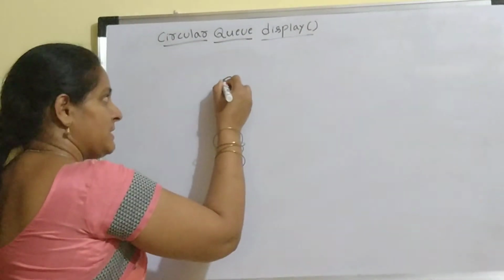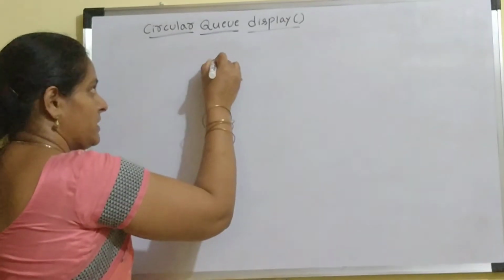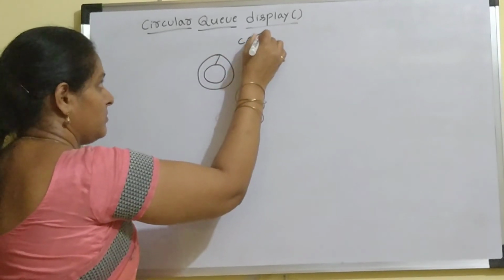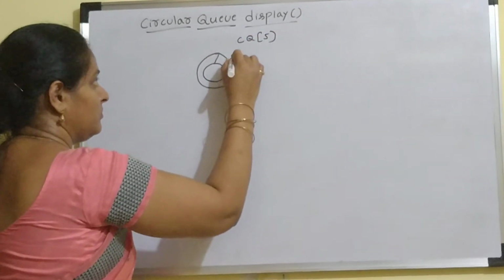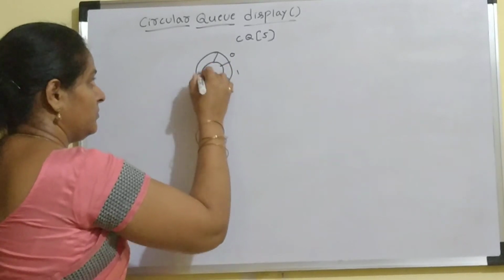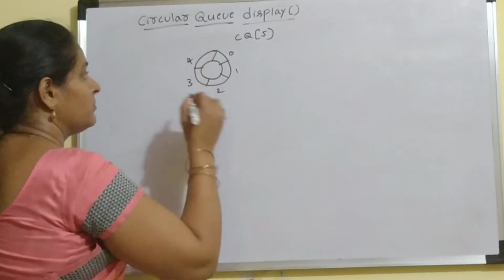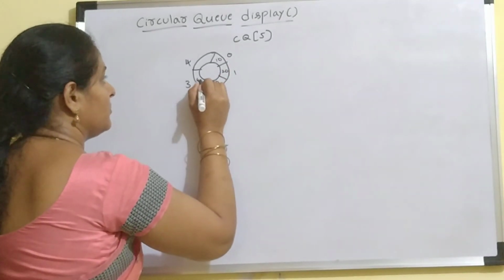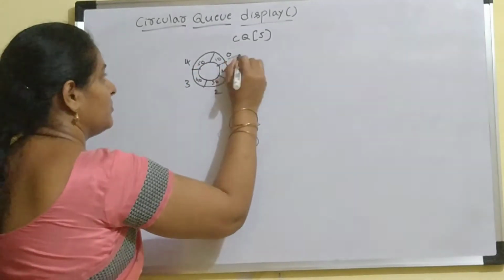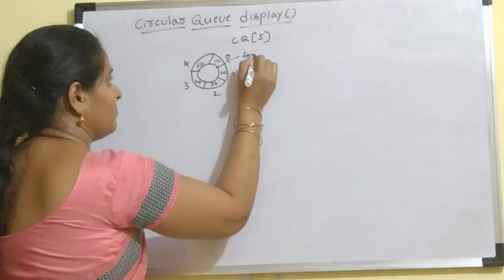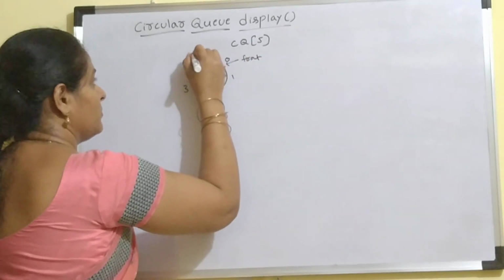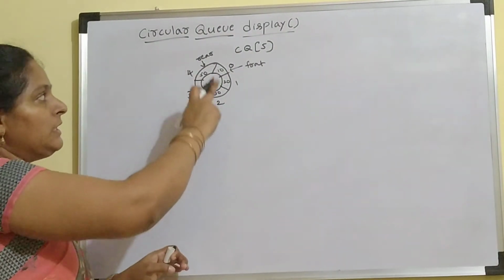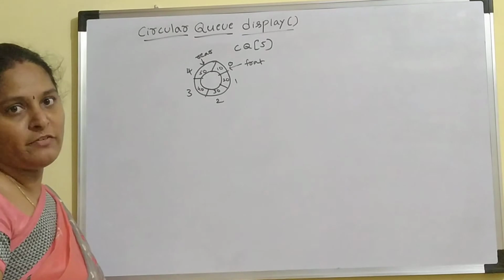Take the same example, where our circular queue contains 5 elements. Now I want to print all the elements of the circular queue one by one.